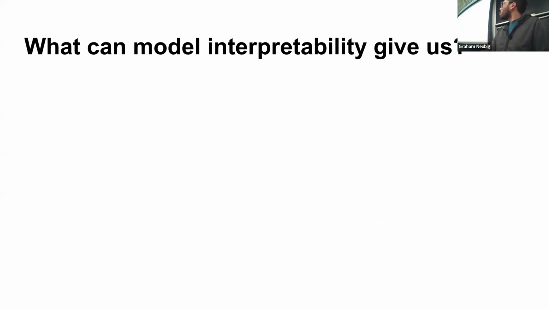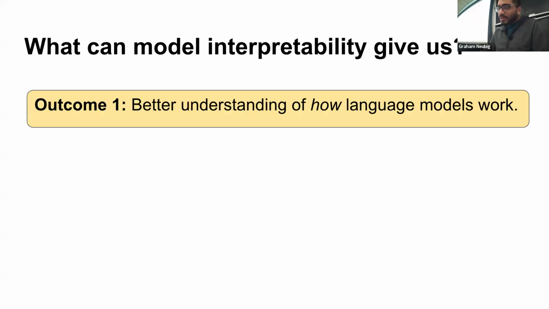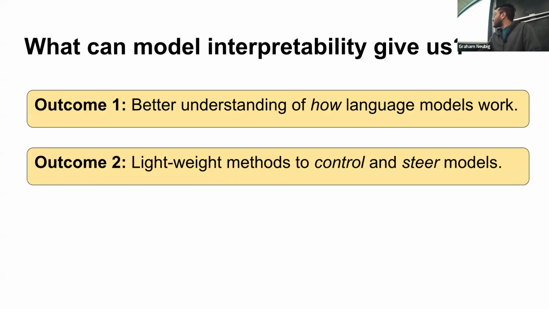Cool. So what can model interpretability give us? These are my concluding remarks. Hopefully we get a better understanding of how language models work, their internals, their structure. We get to understand why they do really well. This is still very, very unclear. And hopefully we find lightweight methods to control and steer models.